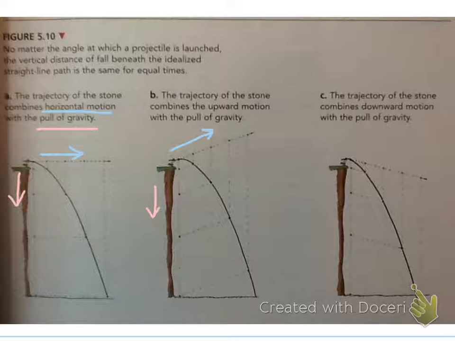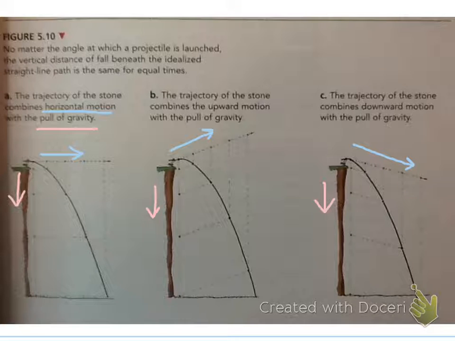In our last one, letter C, the trajectory of the stone combines downward motion with the pull of gravity. So this time we actually kind of threw this a little bit downward. We still have gravity acting straight down.